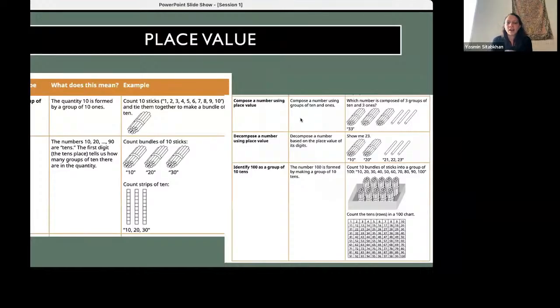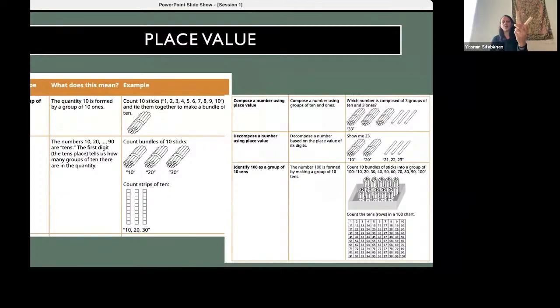Here we are again talking about composing and decomposing. Remember those ideas we talked about with basic number. Once you get past 10, what you want children to do is to compose and decompose using tens and ones. So this is basically what we just did, right? Show me 23. Here's 23.